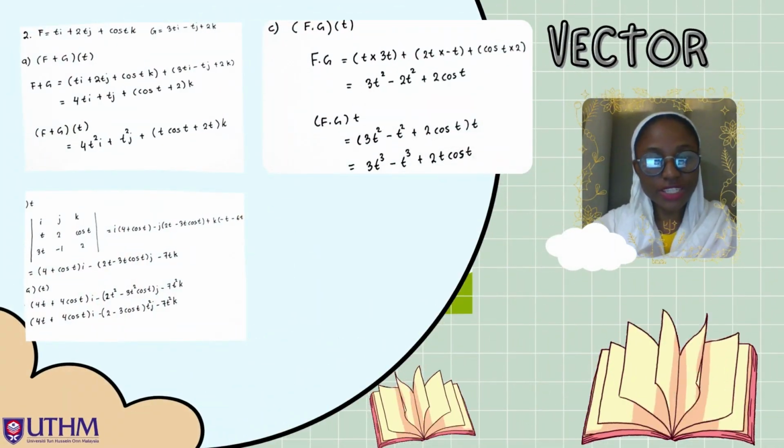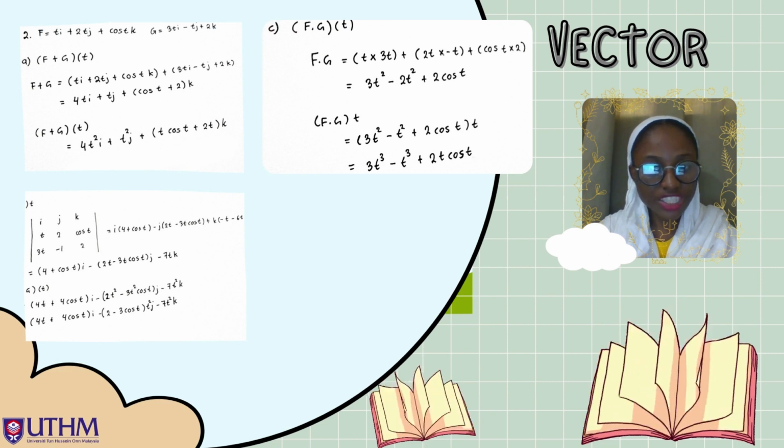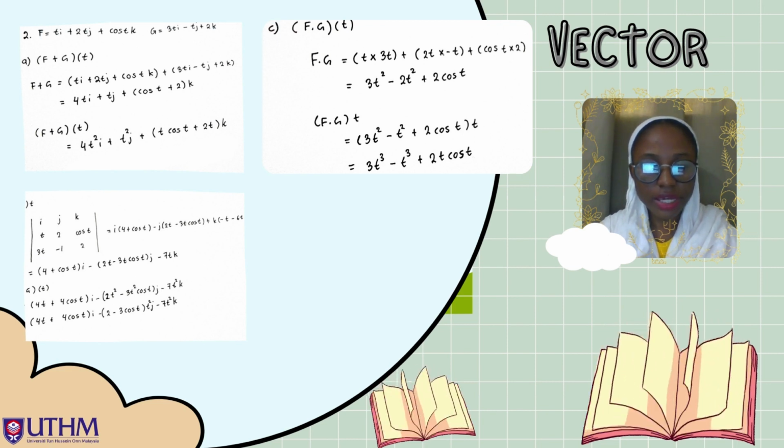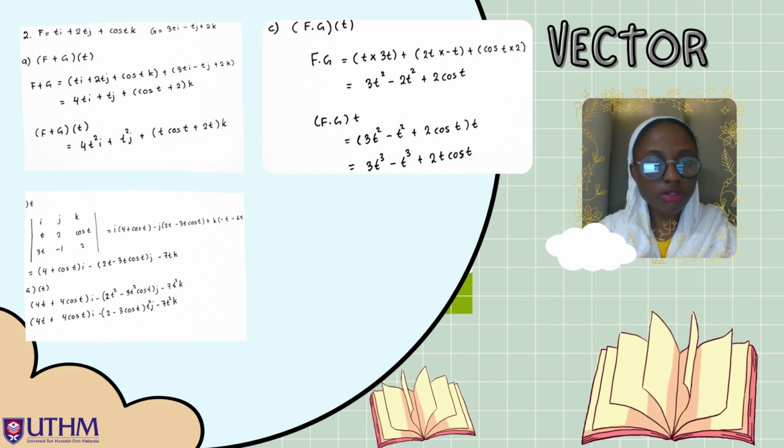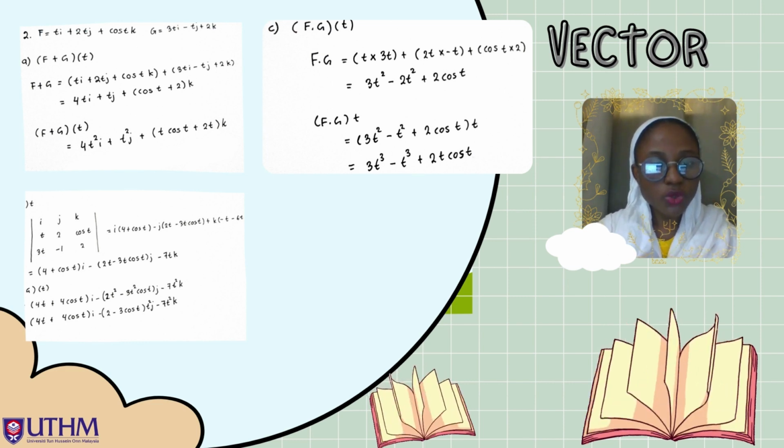And now for vector, question number 2. Given that f equals ti plus 2tj plus cos t k, and g equals 3ti minus tj plus 2k, we are supposed to find a, b, c, and d. For question 2a, we have to find f plus g multiplied with t.